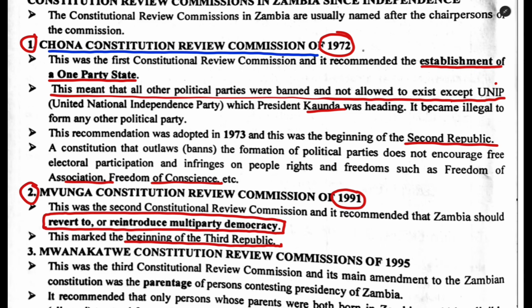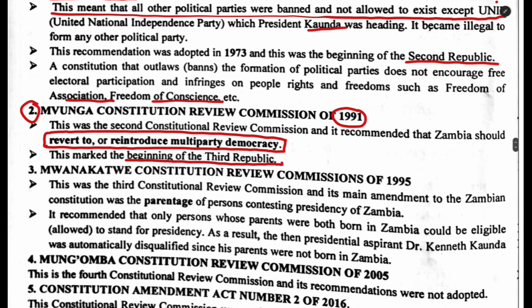Then we have the Mwanakatwe Constitution Review Commission of 1995, which means the chair was Mwanakatwe. Okay, so under this one, what was the recommendation? And by the way, this was the third. The main recommendation in this Constitution Review Commission was on parentage.